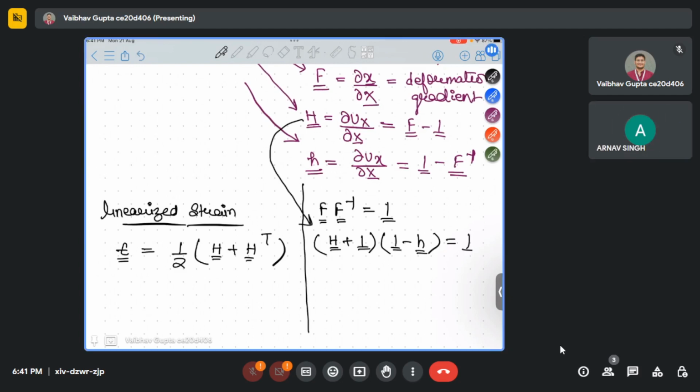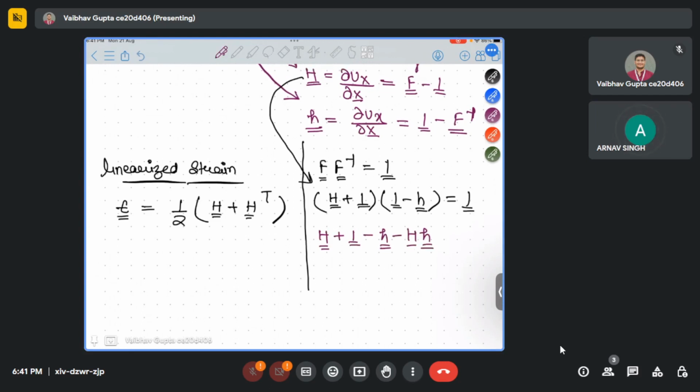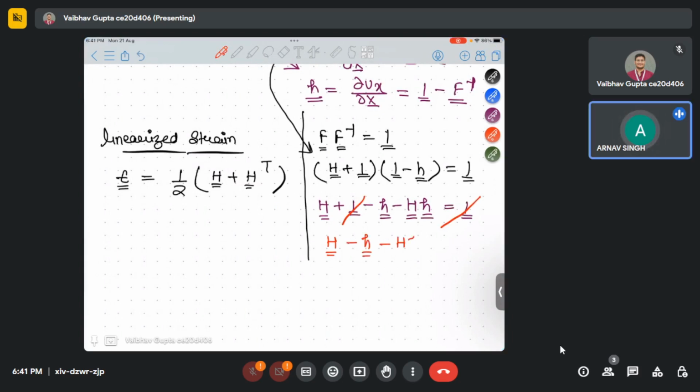If we open this, what will we get? H plus I, times I minus small h, is equal to I. This will cancel out this. So what is left? H minus small h, and this is left.